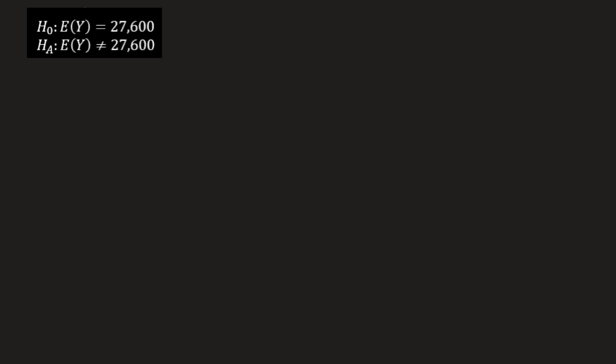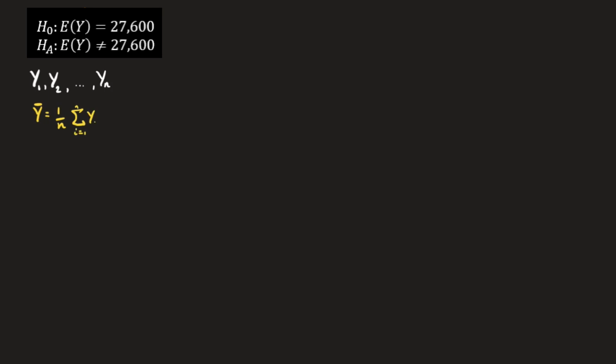Now, we know that if we have n independent and identically distributed observations of y, randomly drawn from the population, then the sample mean, y bar, is an unbiased estimator of the population average.